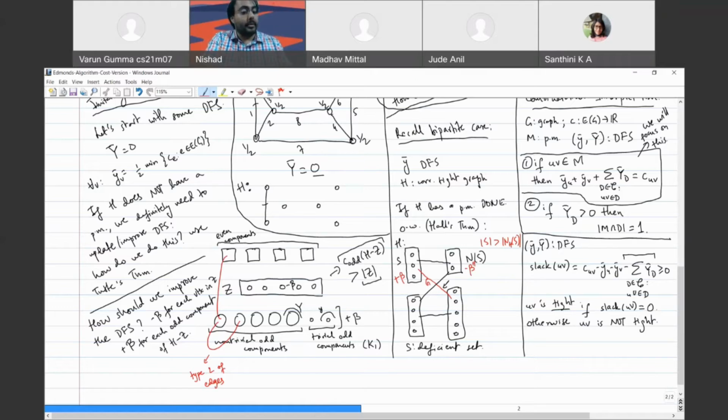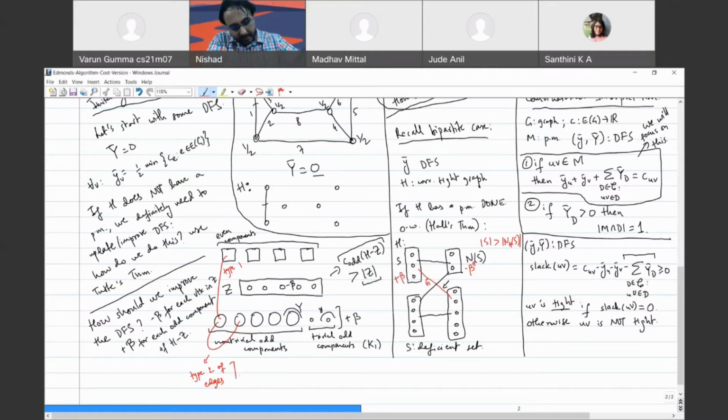Notice that there could also be edges between two even components, but I'm not going to care about them because in the even components, we are not going to make any dual changes. The even components are irrelevant to us. Those edges could also exist, but I'm going to call these type 1. So type 1 edges are going between an odd component and an even component. And type 2 edges, which must definitely exist, are going to join two distinct odd components.